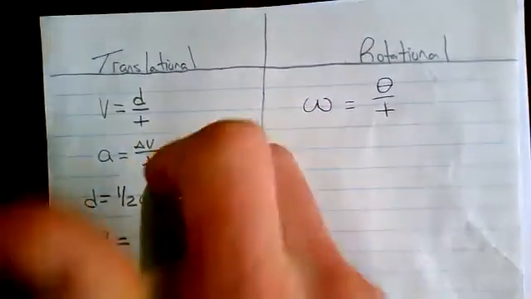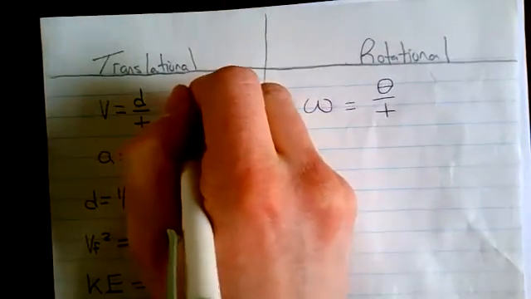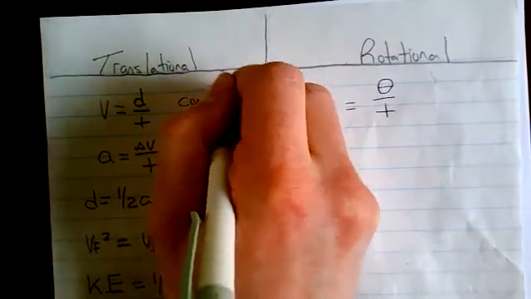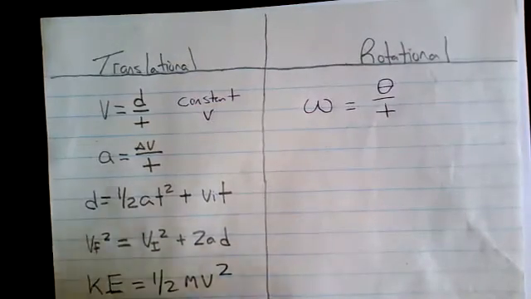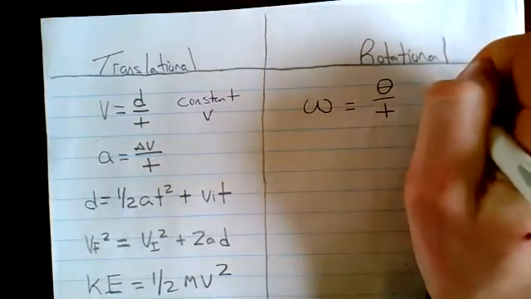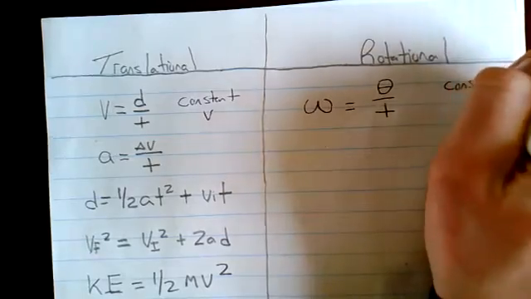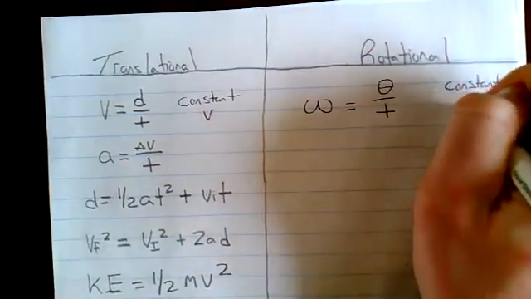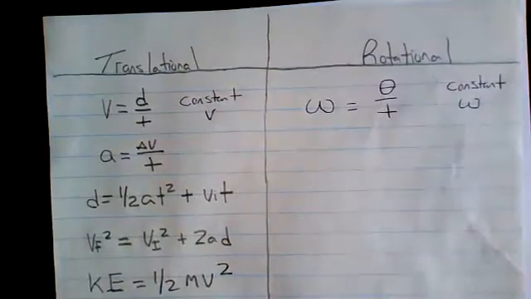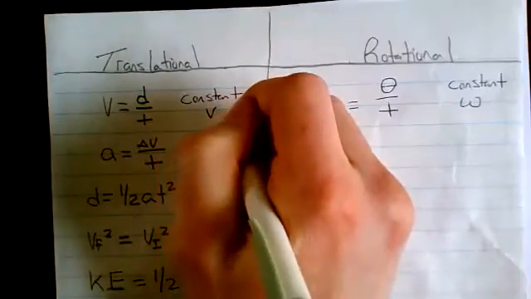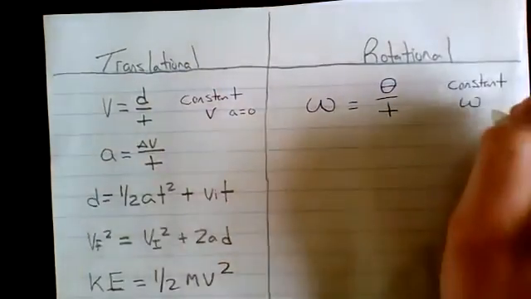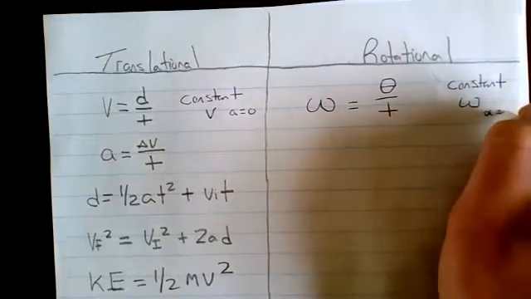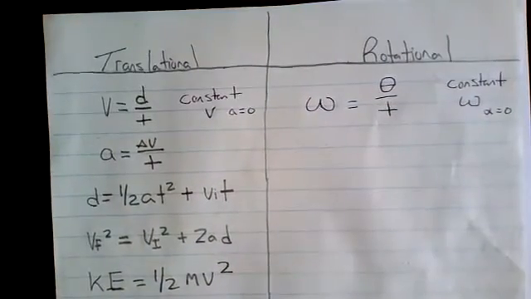Well, our context here is that we had constant velocity. So what do you think the context here? Constant angular velocity. Acceleration equals 0. Angular acceleration equals 0.